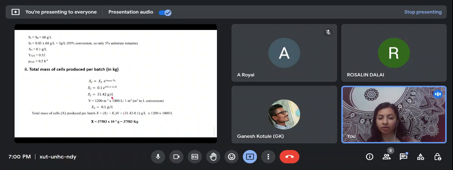So you know the xf that we found now is 31.42, and you subtract 0.1, which was the x naught, okay, and you multiply it by the volume in meter cube that is given to you of the bioreactor, and 1,000 for the conversion into liter. So what you get is 37,583 kg, okay, of total mass is being produced in that bioreactor after 11.5 hours.